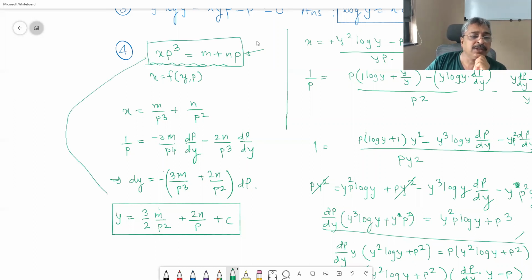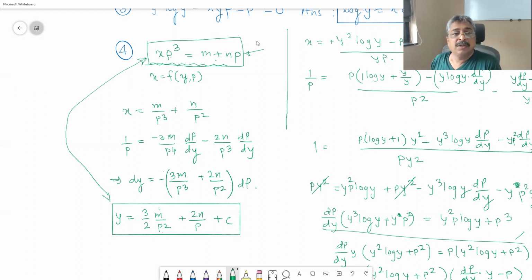The simultaneous existence of these two equations is the solution of the differential equation, a parametric solution. Because we cannot find p from this and substitute back here, and this p and that p are the same, the existence of both simultaneously is a solution, and you put different values of p to get different solutions of the given differential equation. That is also acceptable.